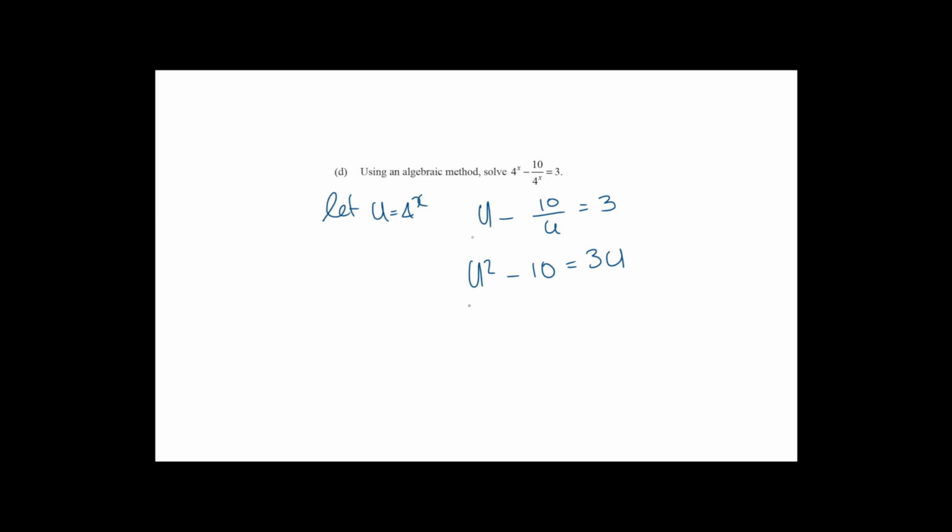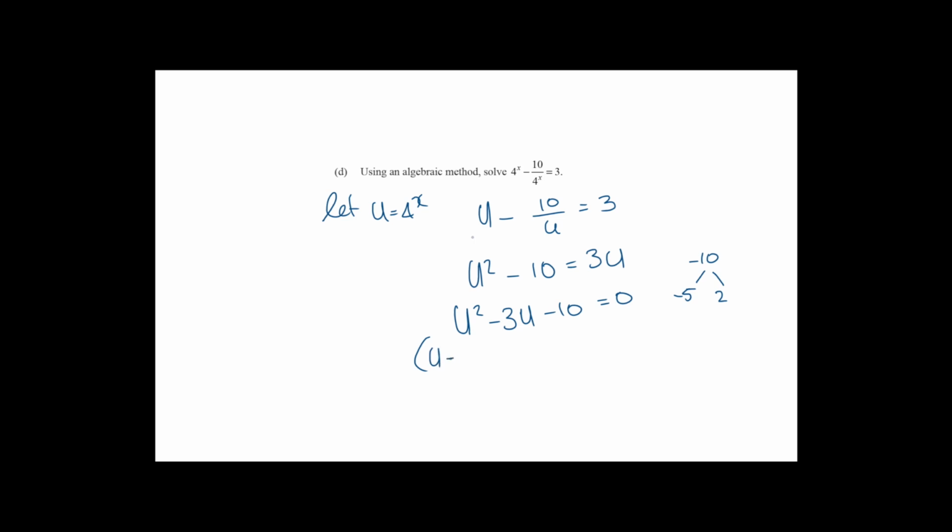I'm going to take this over to the other side. So u squared minus 3u minus 10 equals 0. Now it's a solvable quadratic. Two numbers that multiply to minus 10 and add to negative 3 would be negative 5 and positive 2.